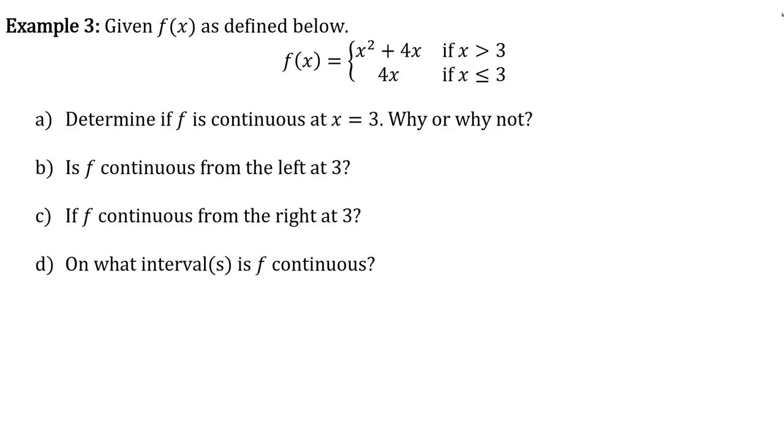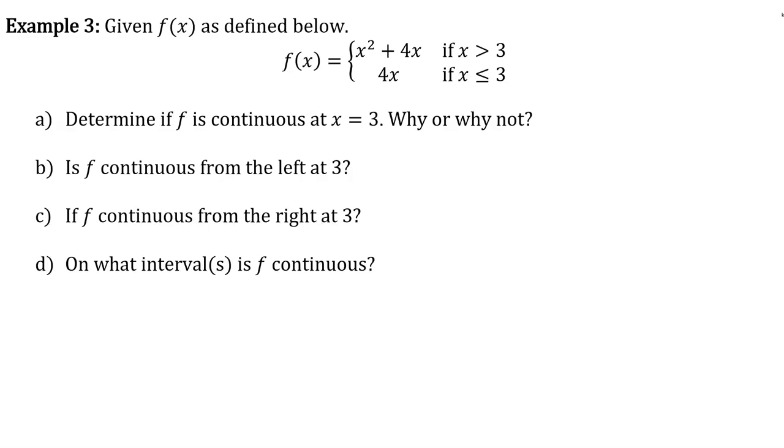Why or why not? Well, that is conditional upon a lot of things, isn't it? And we can't really just look at it and tell this time, can we? Now, we could graph it ourselves, or we can do it algebraically. Since the last two examples were done by graphs, how about we do this one algebraically?